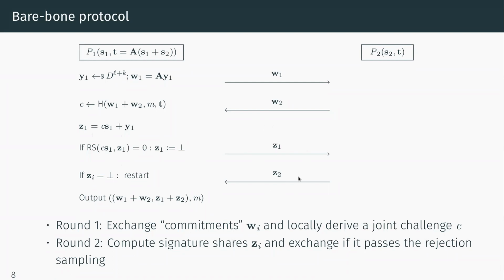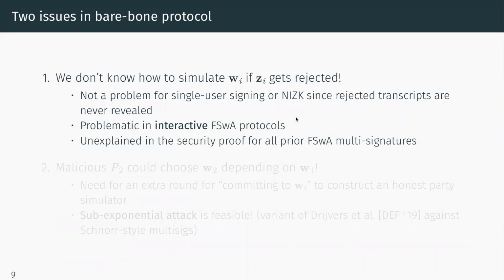But actually, this bare-bone protocol is not secure. There are two issues. As I mentioned, we don't know how to simulate this W if Z gets rejected. This is usually not a problem for the single signer setting or non-interactive zero knowledge, because in this case there's no reason for the prover to reveal rejected transcripts.